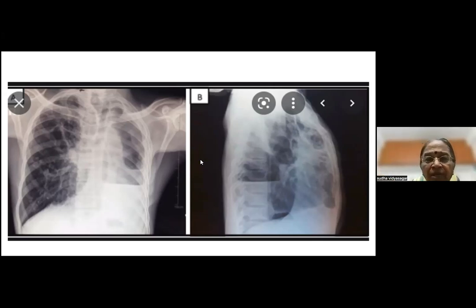Okay. So similarly, when you look at this, you find that this is really going through like that. This is probably the lateral part, and it's probably showing one fluid level here and one fluid level here. And they all don't seem to be in any particular lobar passage. So that's why, from the look of it, I would call it multiple air fluid levels. It's a hydropneumothorax with loculations.